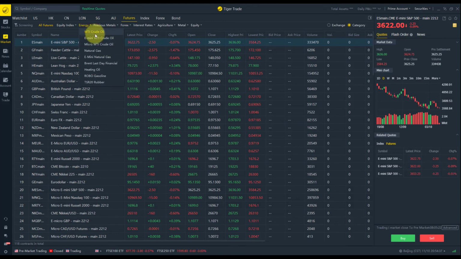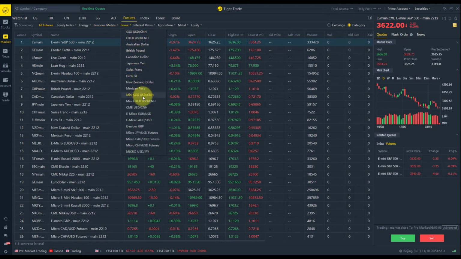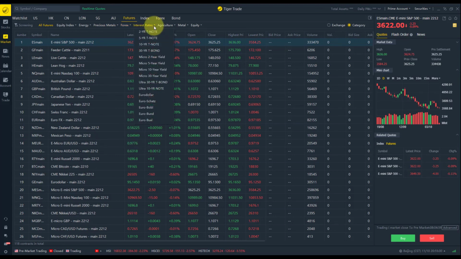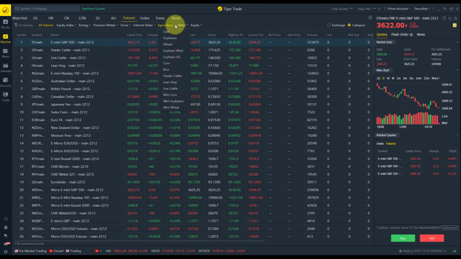We've got energy products. Now remember what I said about the different sizes for different budgets: we've got the main contract, then the mini and the micro. We've got precious metals, and notice we've got some Chinese futures available as well. Foreign exchange, forex, good selection. And interest rates, if you're into those.